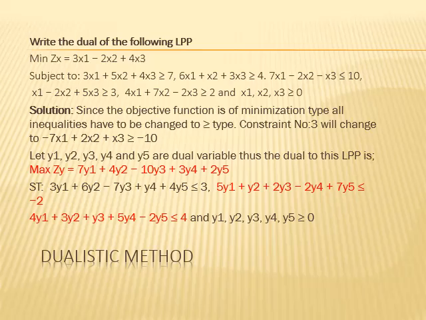Solution. This primal of minimization has 3 decision variables: x1, x2 and x3.